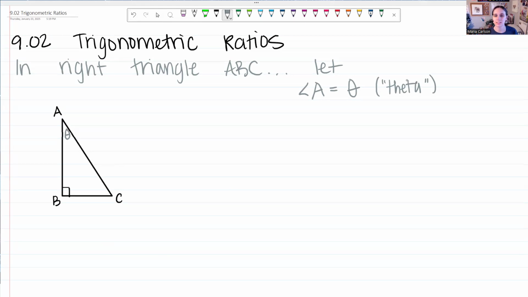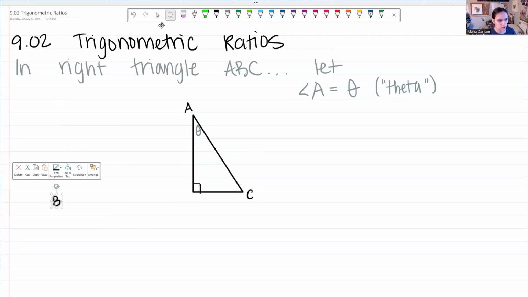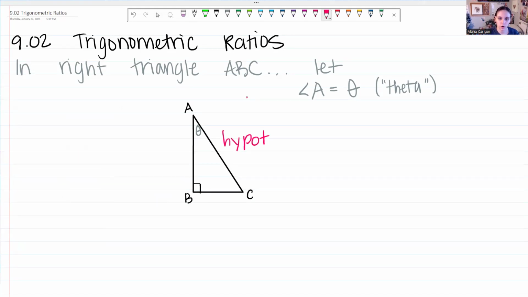We're going to talk about the different side lengths in relation to this angle A. So as I look at this right triangle, and actually let me shimmy this over a little bit. In the right triangle, the side opposite the right angle is always the hypotenuse. So I know our hypotenuse is this side AC.